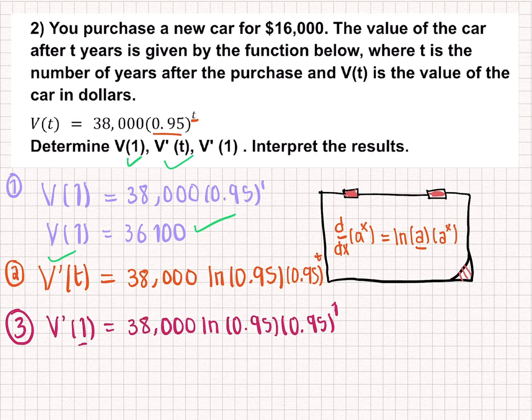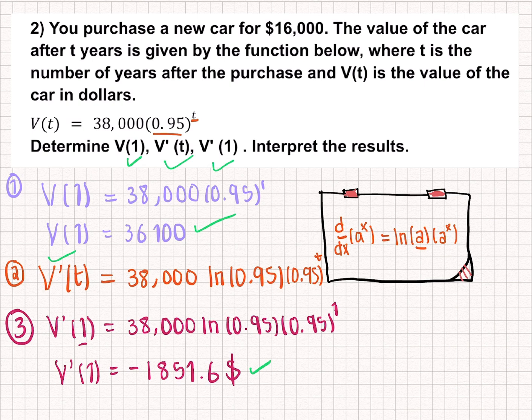If we put this in the calculator, we would find that v prime of 1 equals negative $1,851.6. Now that we found v prime of 1, we are done with step number 3.